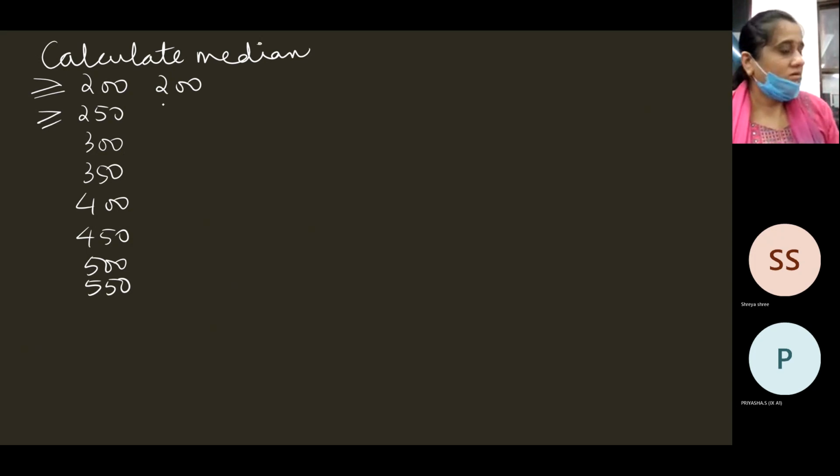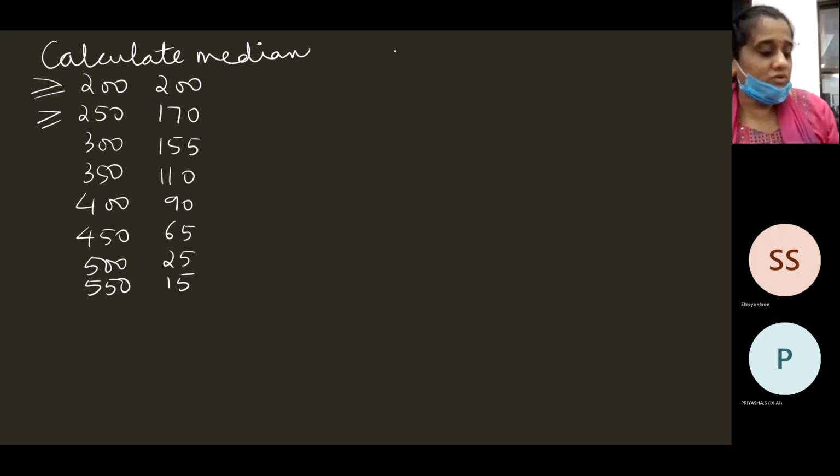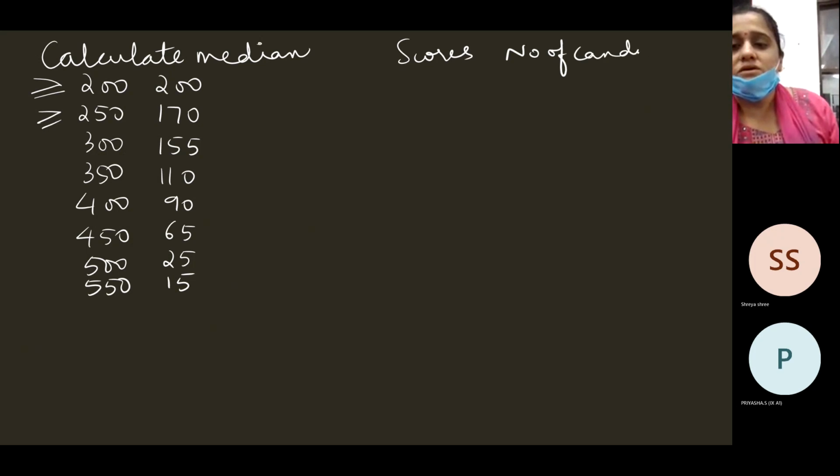Okay, so 200, 170, 155, 110, 90, 65, 25, and 15. If you want the headings, scores and number of candidates. Calculate median.